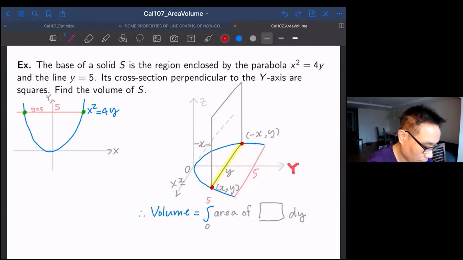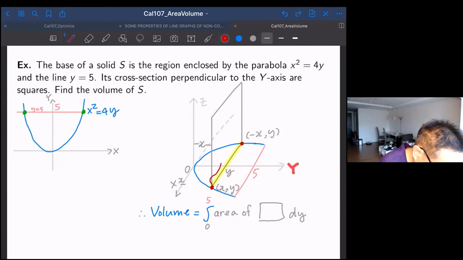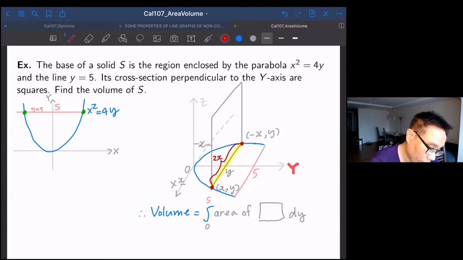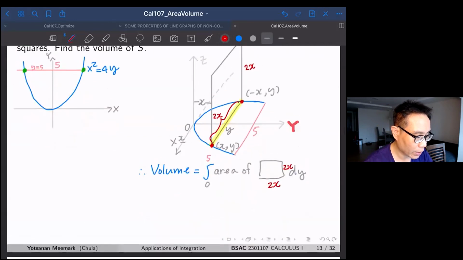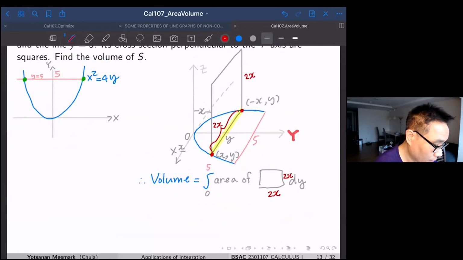Let me write it down clearer. So this one will be equal to 2x, and you're going to put 2x here. Because this is a square, you get 2x for the height as well. So you get 2x and another 2x, and the area turned out to be 4x squared.